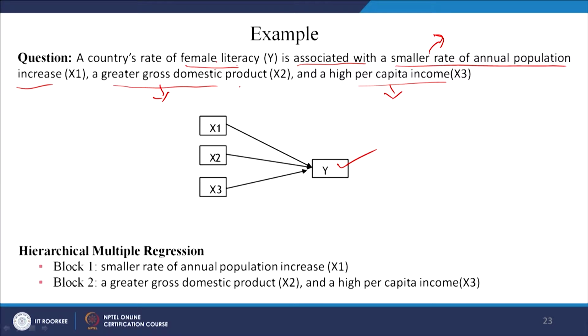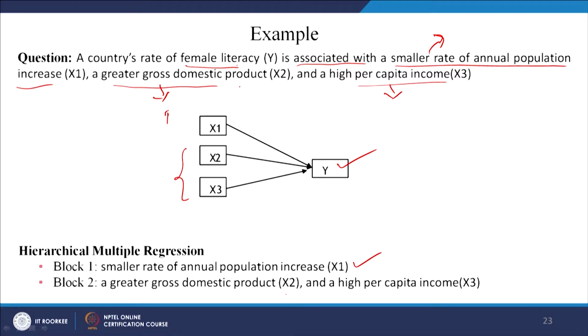So, these 3 variables we have taken are independent variables, predictors, and one dependent variable. So, there are 4 variables, okay. In block 1, what I have done is, I felt that the smaller rate of annual population increase, x1, is separate from these 2, and these 2, a greater gross domestic product x2 and a higher per capita income x3, are both related to financial parameters and can be considered as one, right.